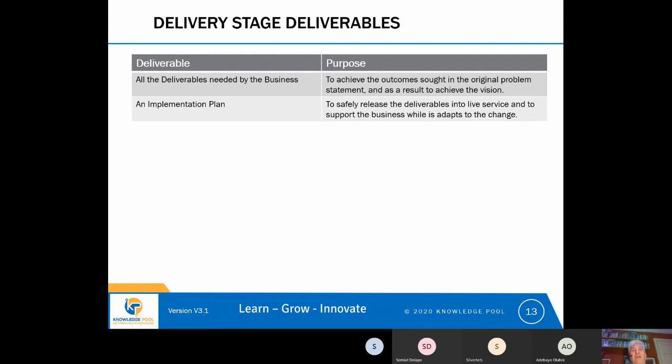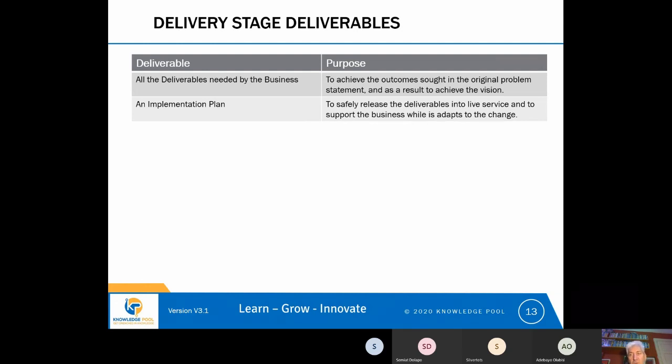So, we come to the delivery stage deliverables. And we've taken a bit of a shortcut here, which is to say that one of the things that needs to be delivered during the delivery stage is all the deliverables that are needed by the business.